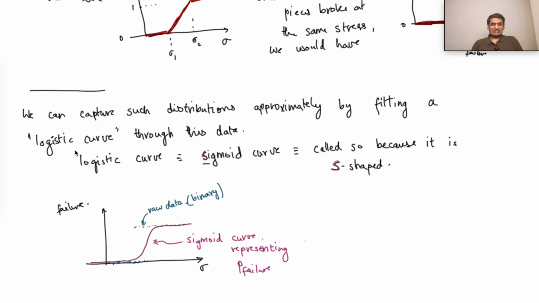It's also called a logistic curve. It so happens that some of these words have weird historical origins. It's called sigmoid because it's an S-shaped curve. S is sigma in one of these old languages. It's called logistic because it has to do with something called the logistic equation, which is used in population growth and in fact epidemiology.